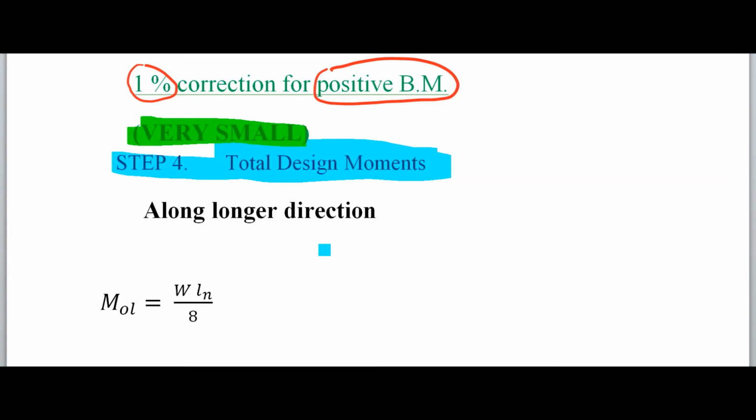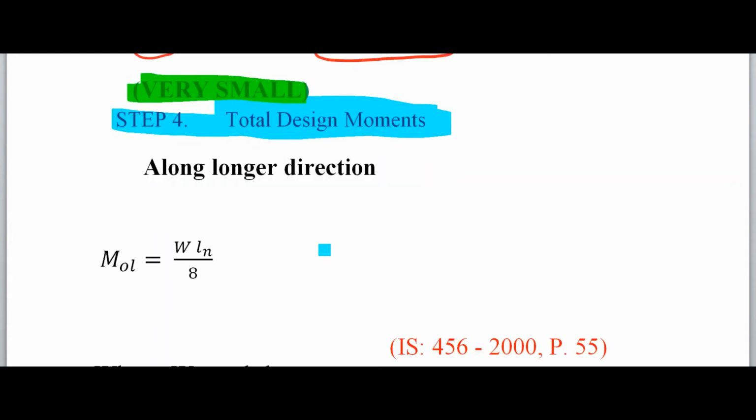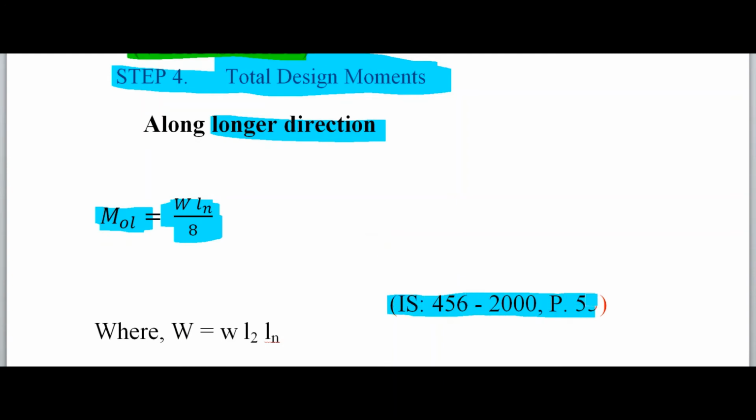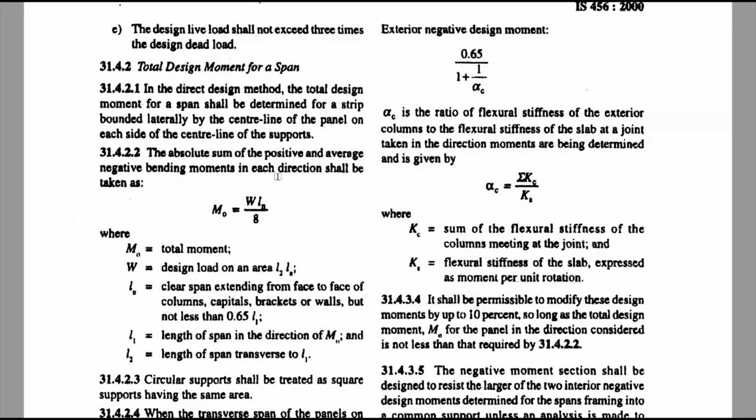Now first we need the longer direction. Along the longer direction. MOL means the longer direction. WLN by 8, we discussed it in the theory. IS 456 2000 page number 55. Look here. Here is the equation. Clause number 31.4.2.2. MO = WLN by 8.